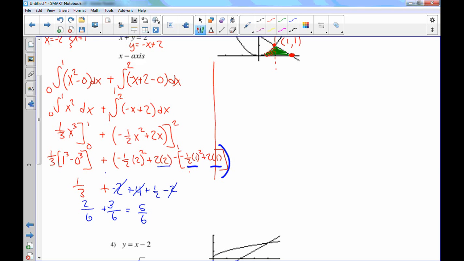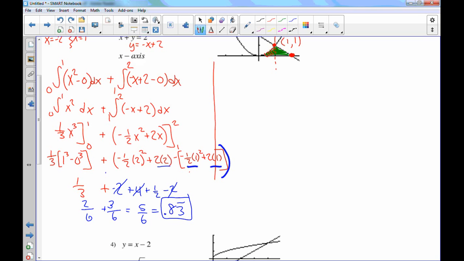And you know what 5/6 is as a decimal? I think it's 0.8 repeating. Yep. And the repeating part only goes on the 3.